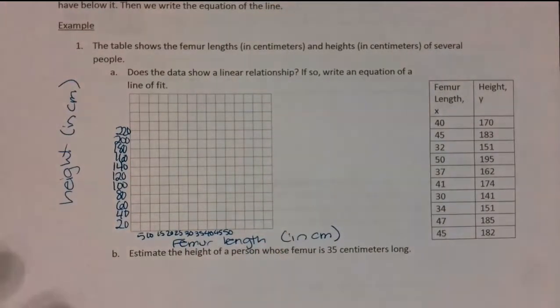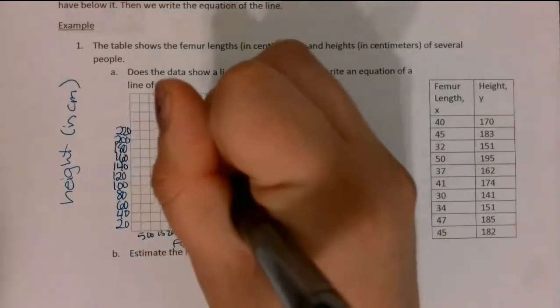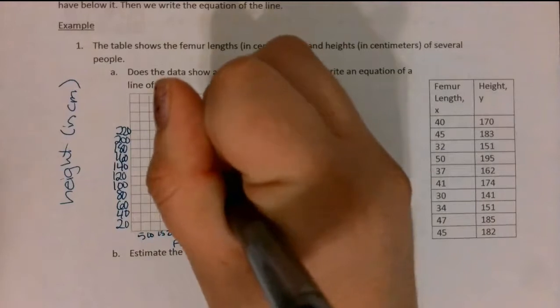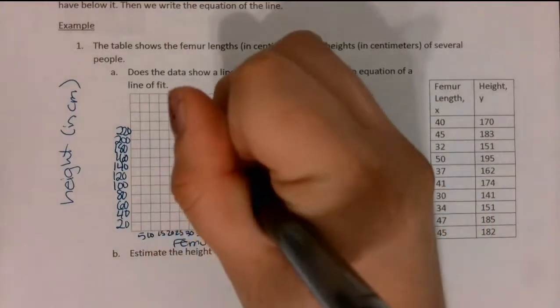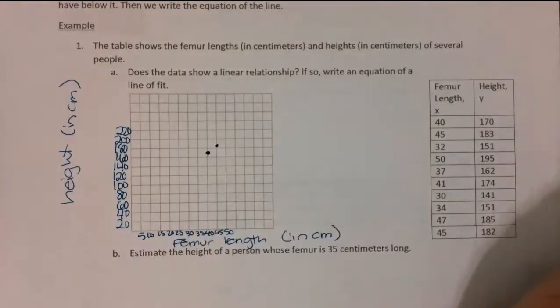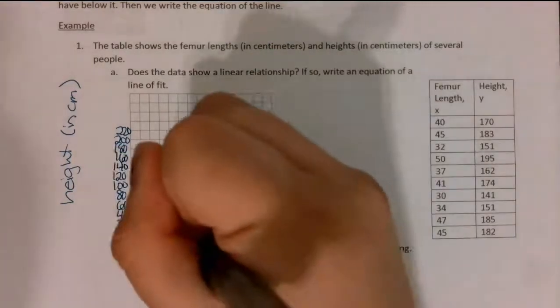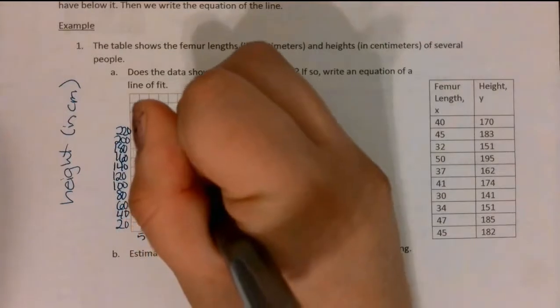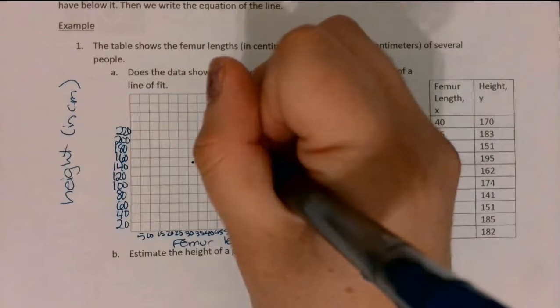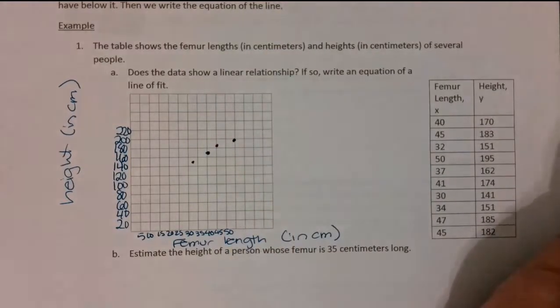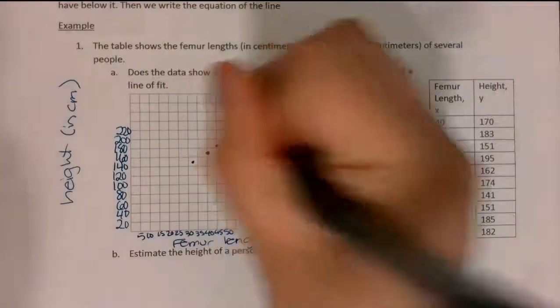Okay. And then I'm going to go ahead and plot these points. So I have 40, 170. I have 45, 183. I have 32, 151. I have 50, 195. I have... What? That one was off.